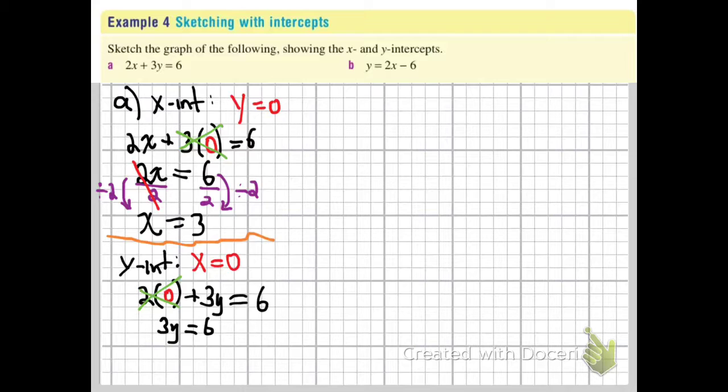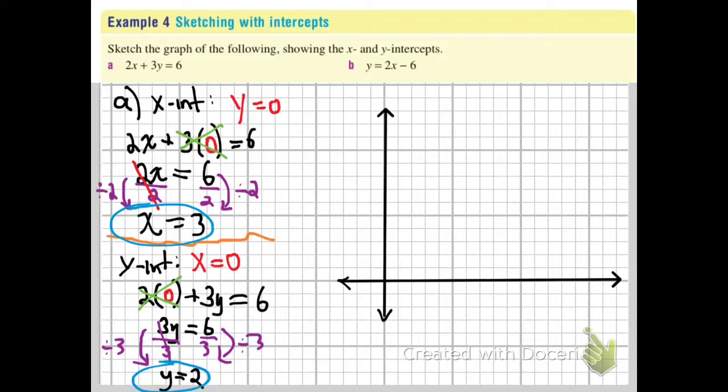Just like before, we divide to get the y by itself, so we divide by 3 on both sides. 3 over 3 cancels out, so y equals 6 divided by 3, so y equals 2. So now we have our two intercepts: the x-intercept happens at x equals 3, the y-intercept happens at y equals 2.